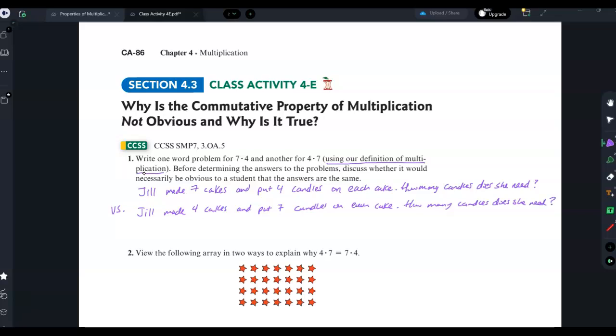So before we answer this, the first one was the 7 times 4, and this one's the 4 times 7, right? Before we find an answer, it said to discuss whether it would necessarily be obvious to a student that the answers are the same. Now, I think that your answer to this is going to be very different depending on what story problems you wrote.